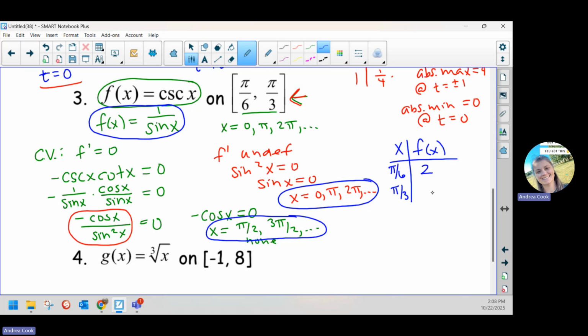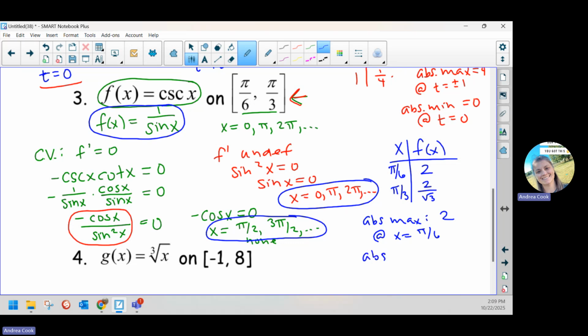Sine of pi over 3 is square root of 3 over 2. So the reciprocal of that would be 2 over square root 3. So my absolute max is 2, and that happens at x equals pi over 6.